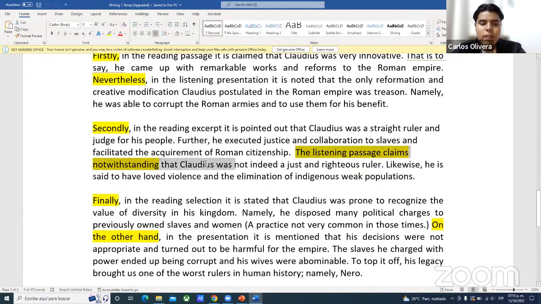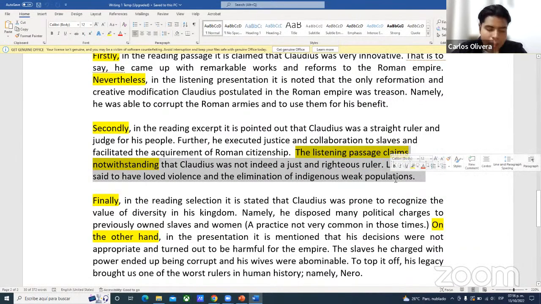The listening passage claims notwithstanding that Claudius was not indeed a just and righteous ruler. Likewise, he is said to have loved violence and the elimination of indigenous weak populations. There you are. As you can see, a summary of what the listening passage said about this.